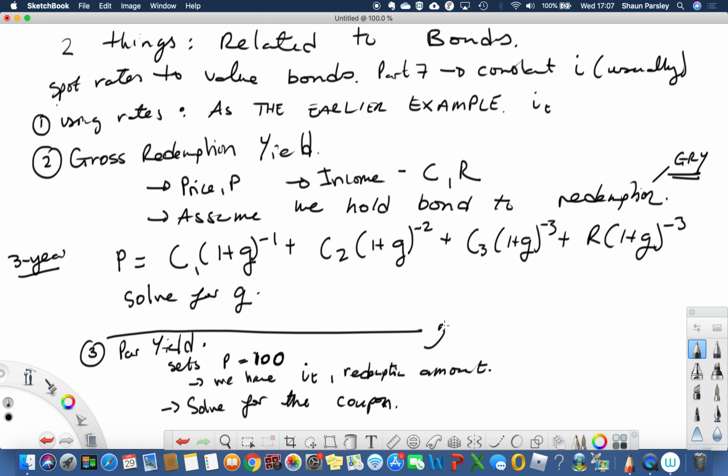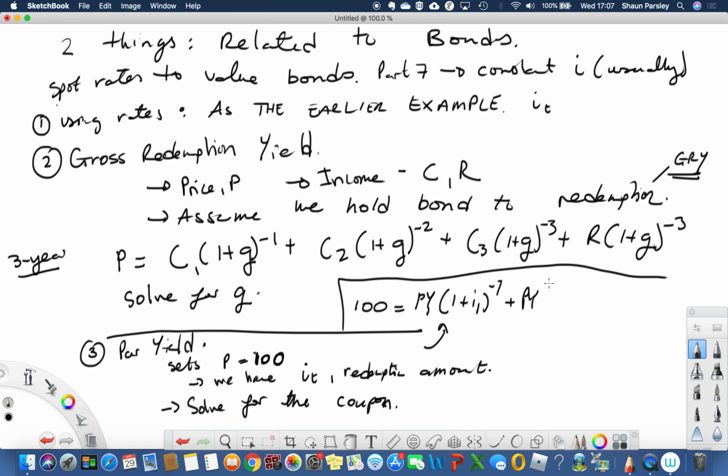So I'm just going to draw that up here, put a line there so you know, and then relate it there. So 100 equals, and I'll call that PY: PY times (1 plus I1) to the -1, plus PY times (1 plus I2) to the -2, plus PY times (1 plus I3) to the -3, plus R times (1 plus I3) to the -3.